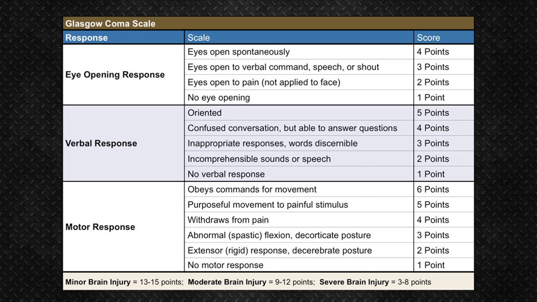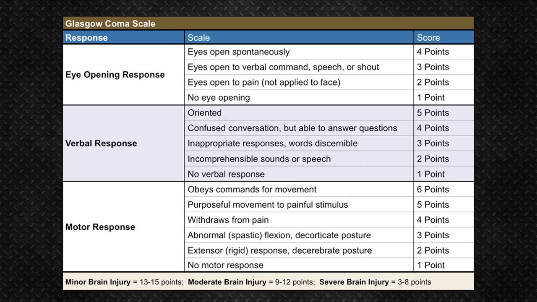If they don't obey command, if they can't follow your command, anything, any type of command like wiggle my feet, if they can't do that, then you have to give them pain. And you have to give them pain in a very specific way. And that is squeezing the trapezius with increasing pressure for up to 10 seconds.